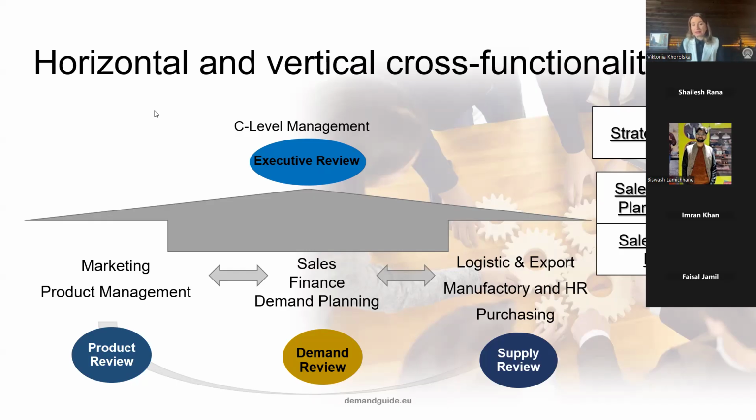But when I addressed this question to the C-level management, they had another opinion, because they have an overview for a longer time horizon, and they select the customer looking not only at profitability but also at the business strategy.